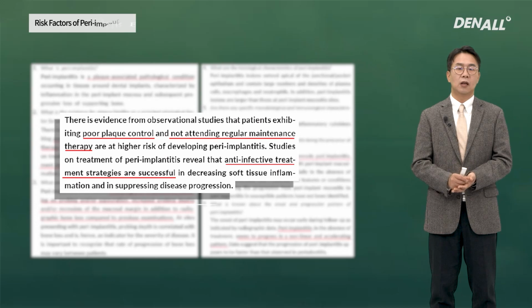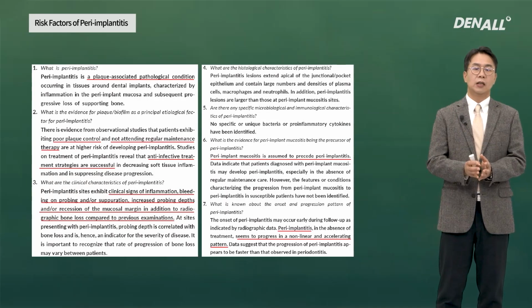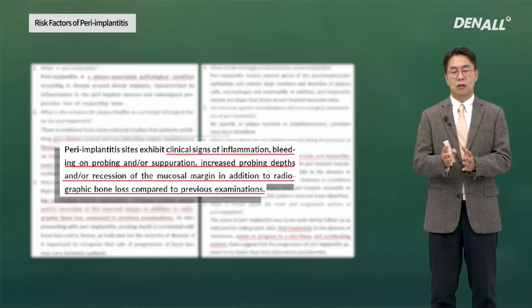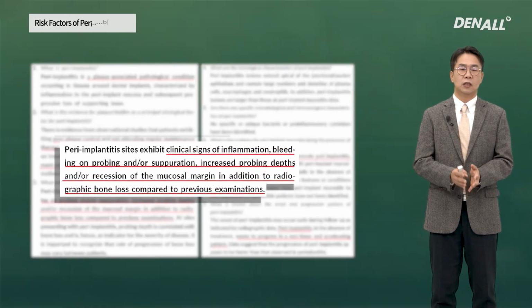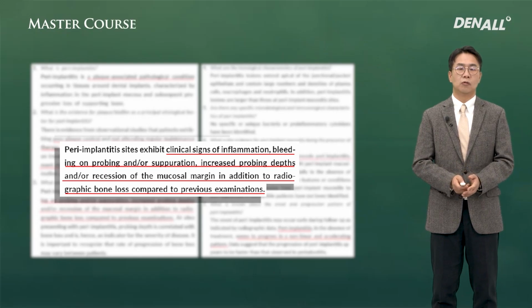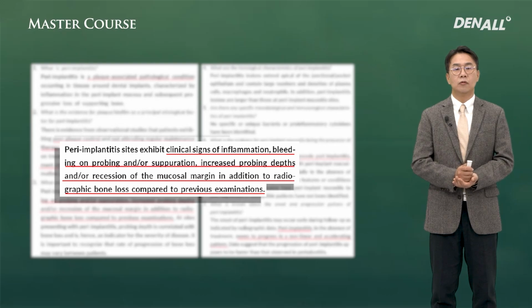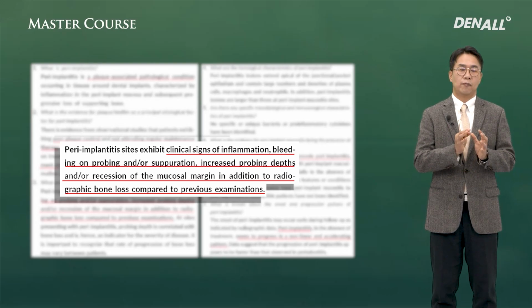And anti-infective treatment strategies were successful. There are clinical signs of inflammation, bleeding on probing, and/or suppuration, increased probing depths, and bone loss. So these are included in the definition.